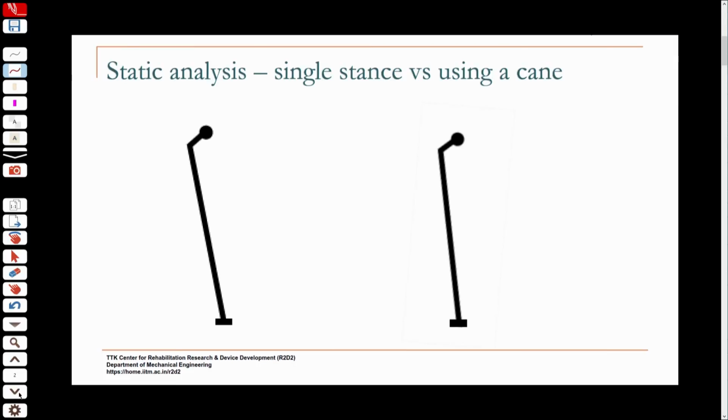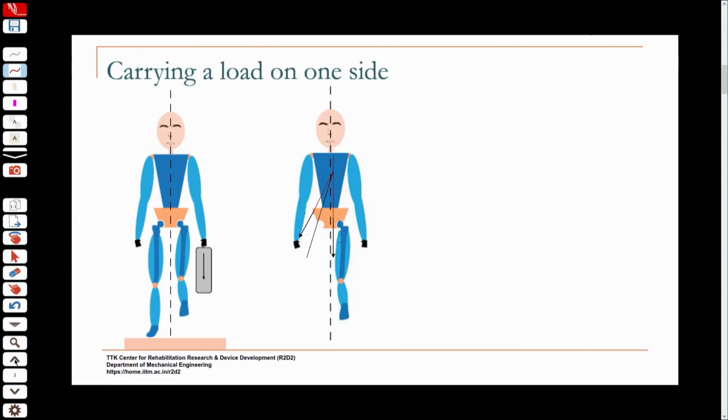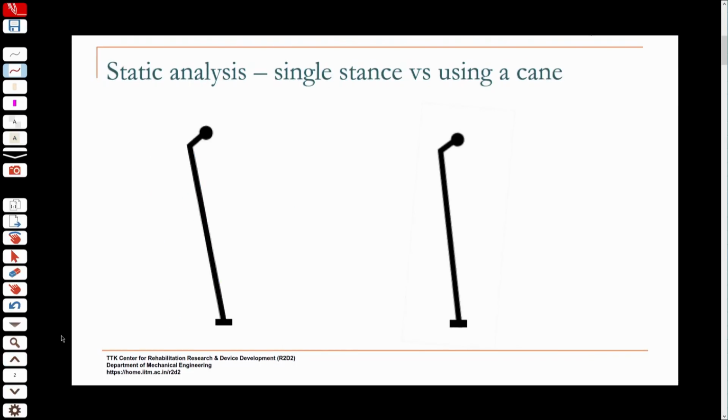So, we looked at the two cases. One was the one with the cane, and basically we saw that the other is too extreme. So, this is the cane on the other side, and this is just single stance where you do not have a supporting cane on the other side.